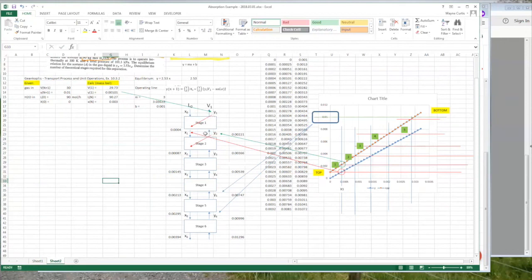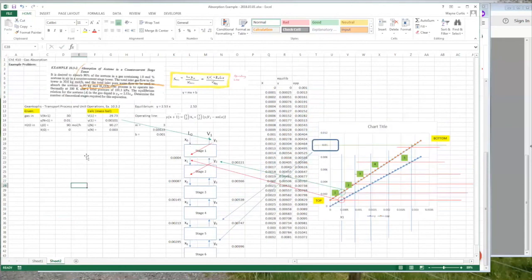So stage 1 has y2 feeding it. Stage 2 has y3 and so forth. And so you can see that y6, even though it is being calculated for stage 6 based on the operating line, is actually the feed for stage 5. So you only physically need that because that feed is our dirty gas feed. We don't need to have a stage feeding it if it's greater than that value.